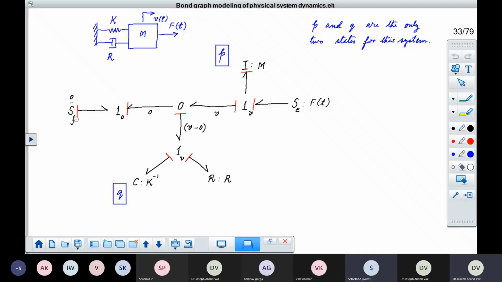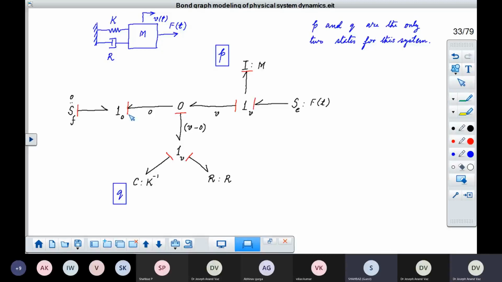When you place this causal stroke here, it brings flow into this one junction. Only one bond can bring in the information of flow into this one junction, so the other bond has to accept it.